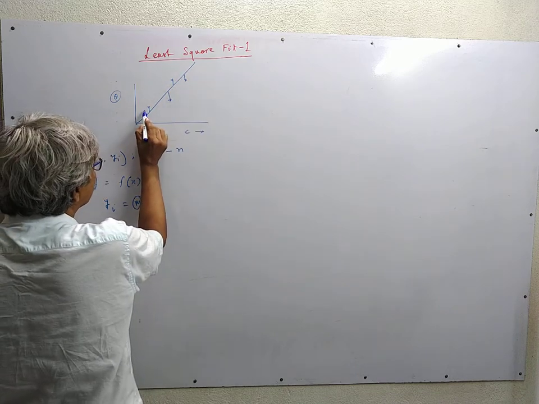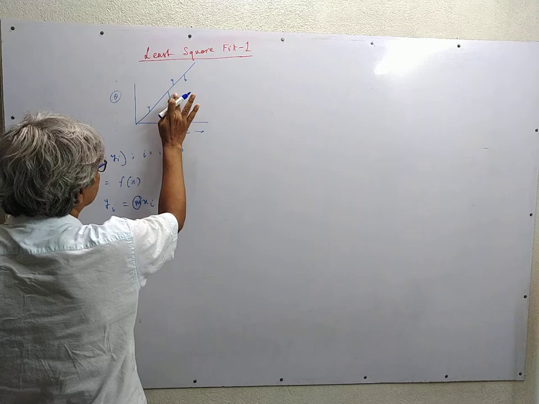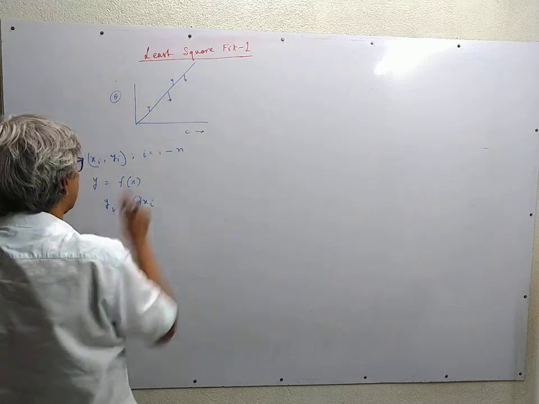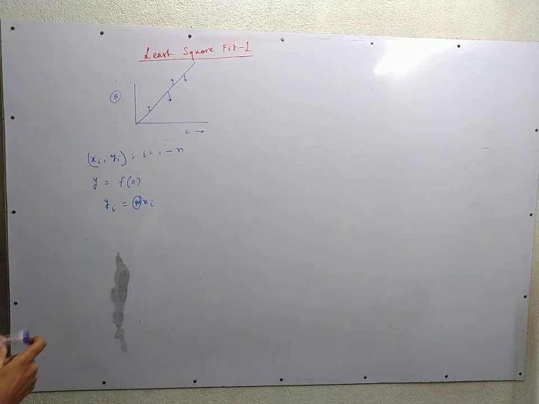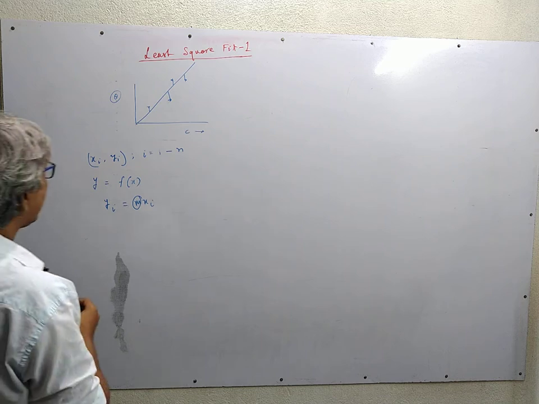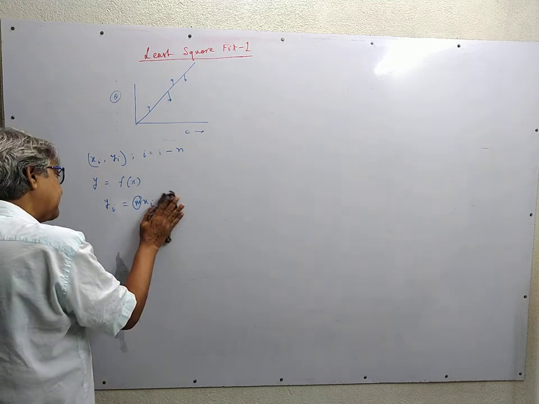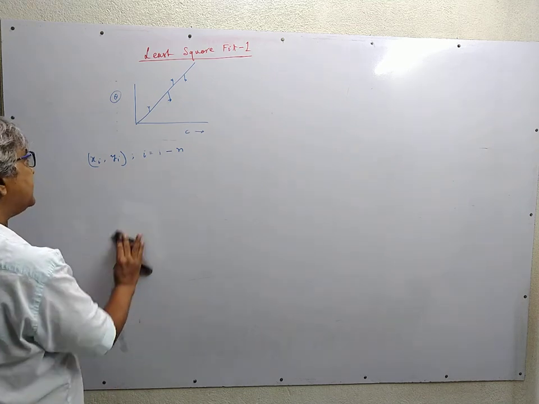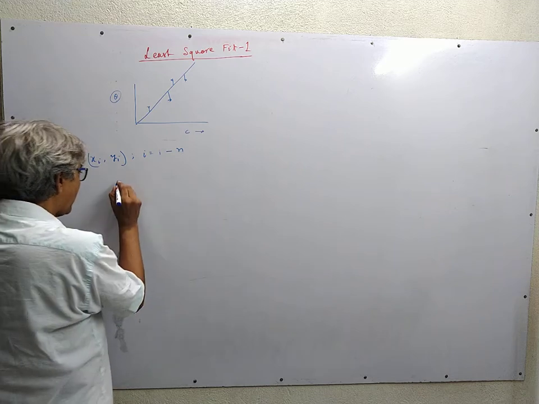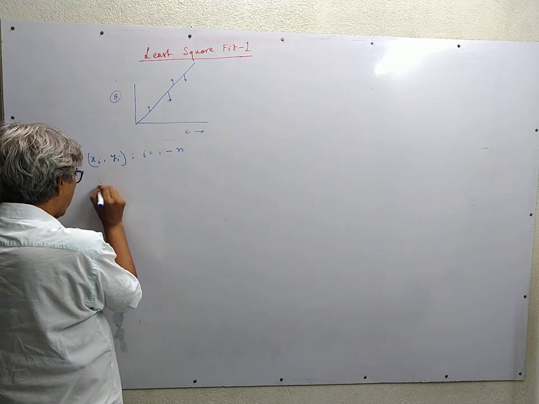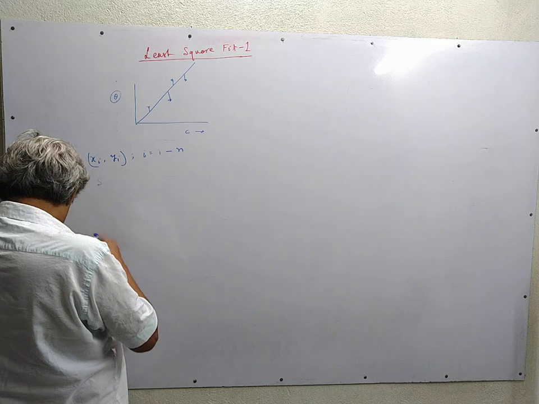As you see, if this error is positive, this is negative, positive, negative. So if we go on adding the errors, the sum of the errors will cancel each other. So what we do, we define square error like this.